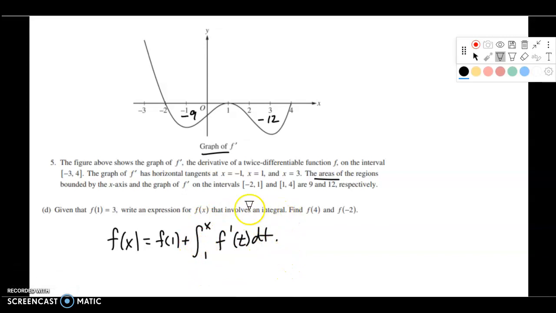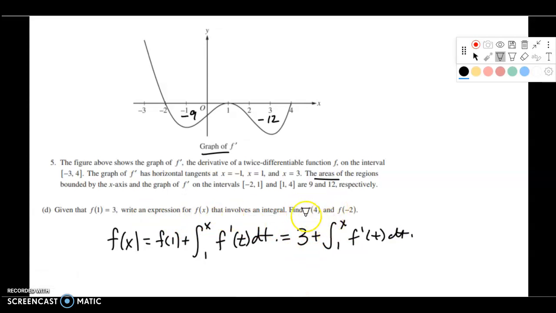Given the rate, integrate it, you'll get the total. This is the total amount over the time interval. And we add on wherever we started from. So f of x is really 3 plus the integral from 1 to x of f prime t dt. Okay, there is your answer for the expression of f of x.